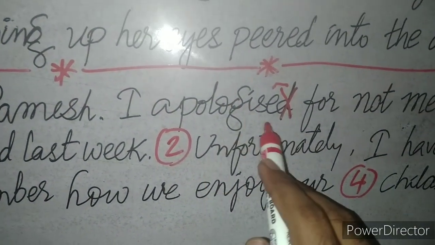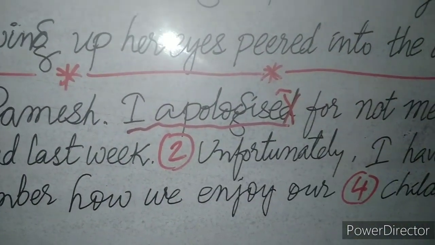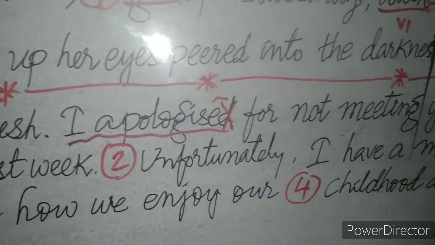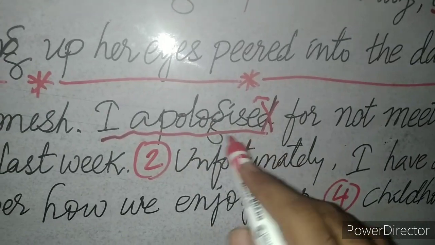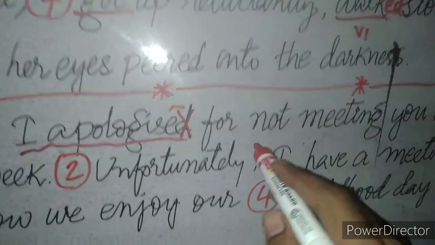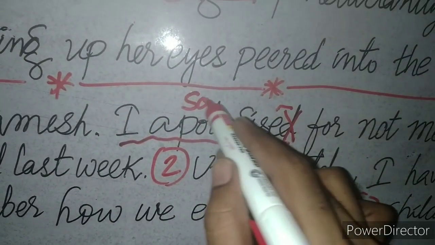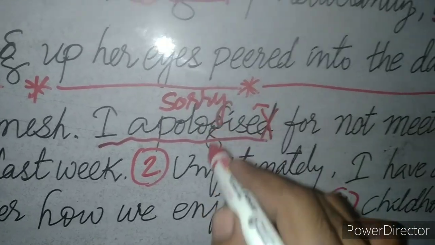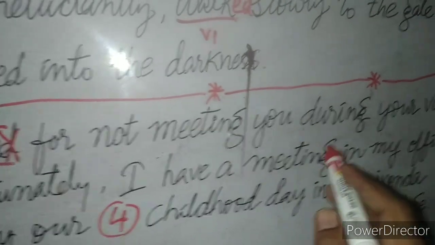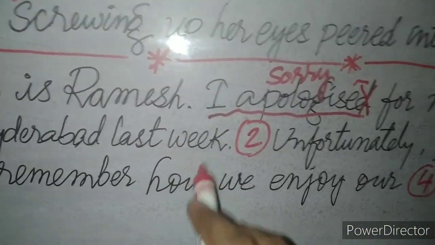I apologize. So he is expressing his present action to Suresh because he did not meet his friend. That's why we have to use I apologize, not apologized. Apologize means sorry here. So he could not meet. Why? For not meeting you during your visit to Hyderabad last week.